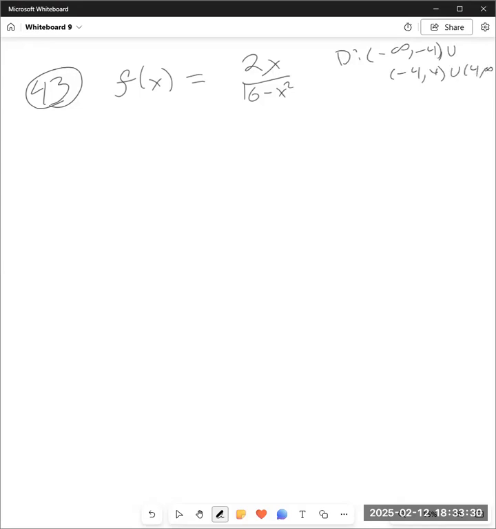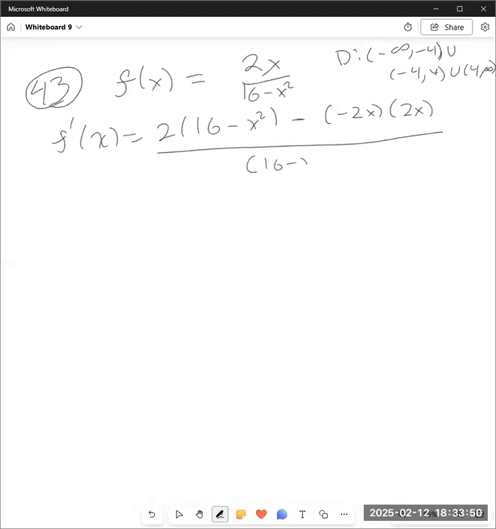So those asymptotes will be important to me later, but they're not going to be critical numbers. When I take the derivative here, the derivative of the top is 2 times the bottom, 16 minus x squared, minus the derivative of the bottom, which is negative 2x, times the top, 2x, all over the bottom squared.